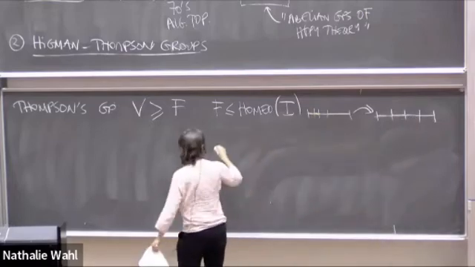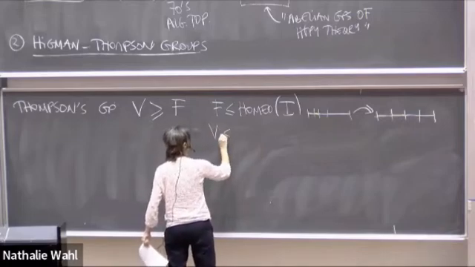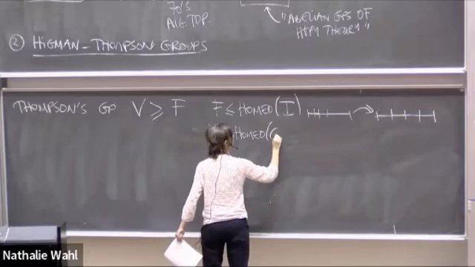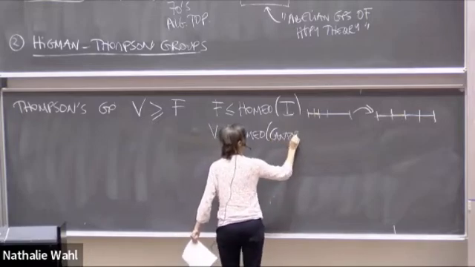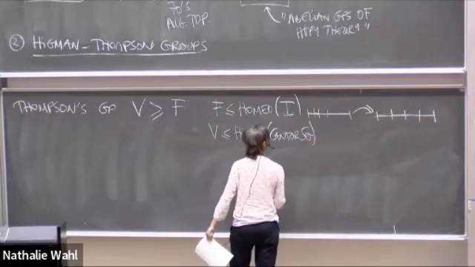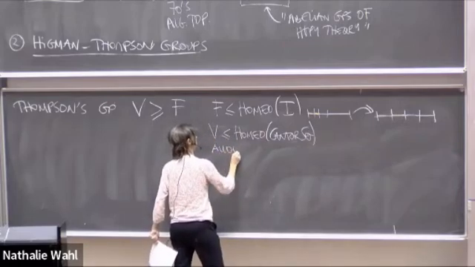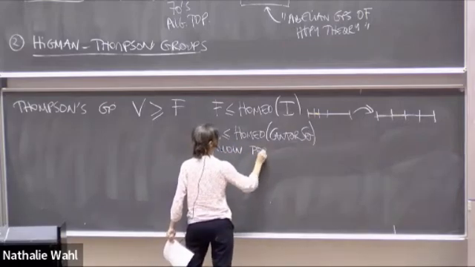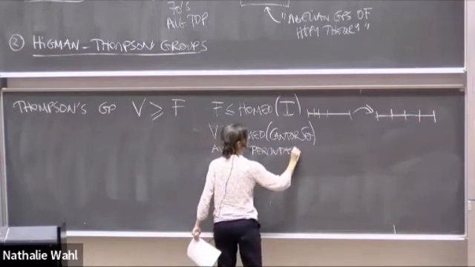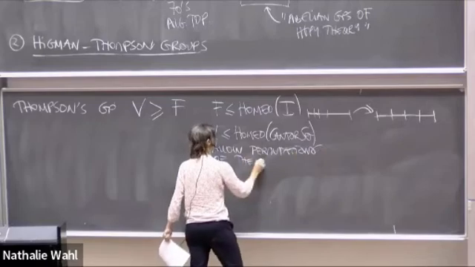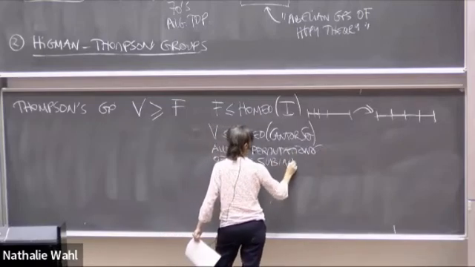And then V is instead a subgroup of the homeomorphisms of the Cantor set, and it's basically like F, but the difference is that you allow permutations of the sub-intervals.